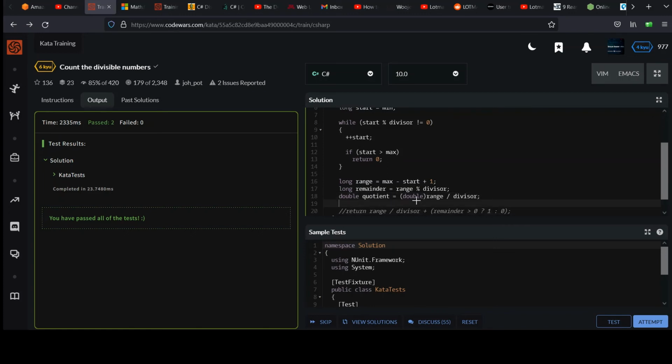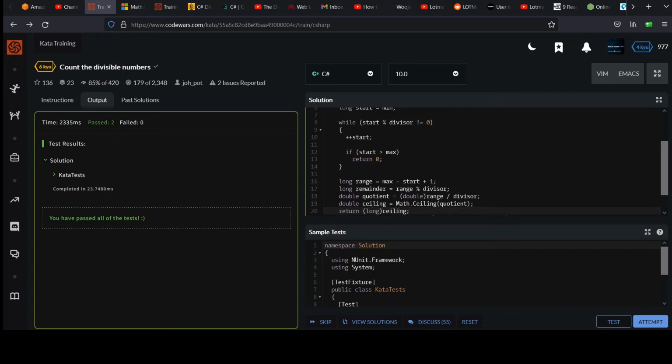And then I'll say double ceiling can be the Math.Ceiling of the quotient. Same kind of thing going on. And then finally we can return, we've got to cast back to a long, right?